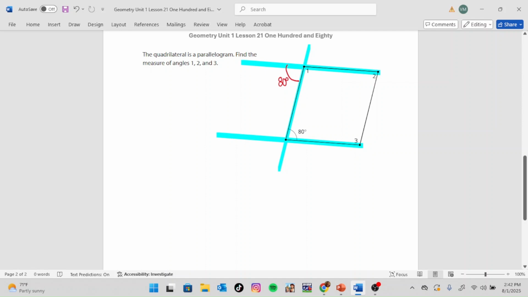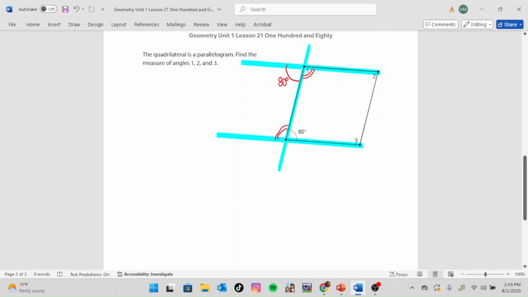And that means this angle up here, number 1, is going to be the same as this angle here, number 2. Now, what I know is that for a straight line, my angles need to add to 180 degrees.